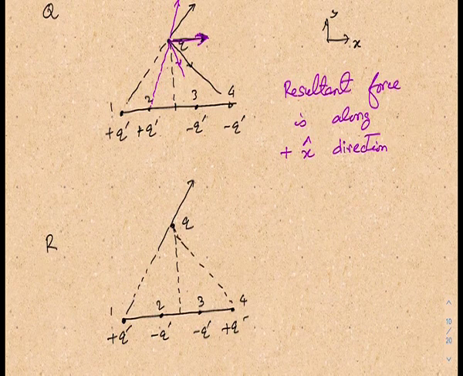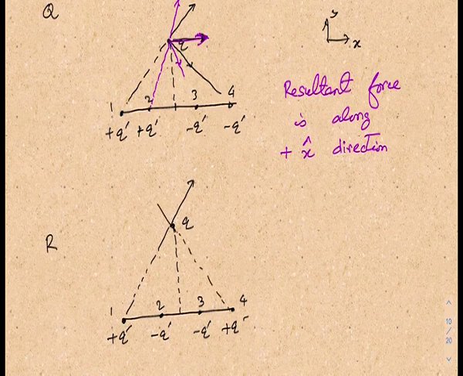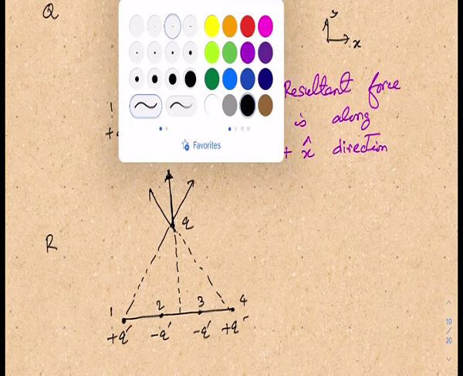Let me do it a little bit. So this would be along this direction, so the resultant would be along this direction. This would be the resultant due to charges at 1 and 4.